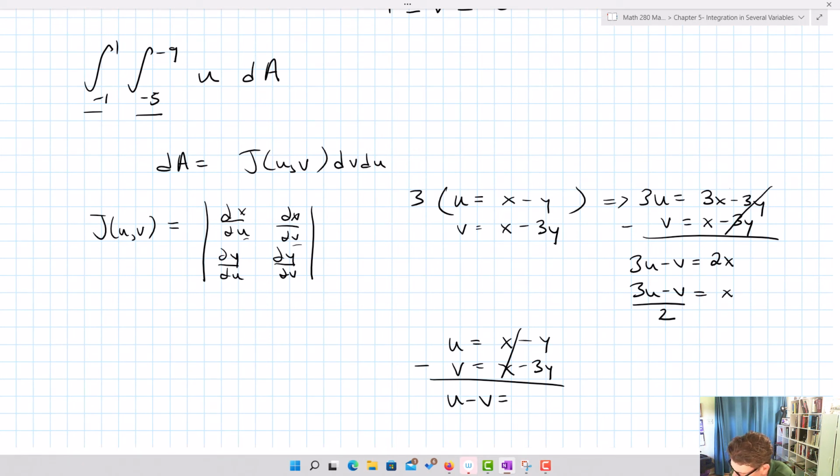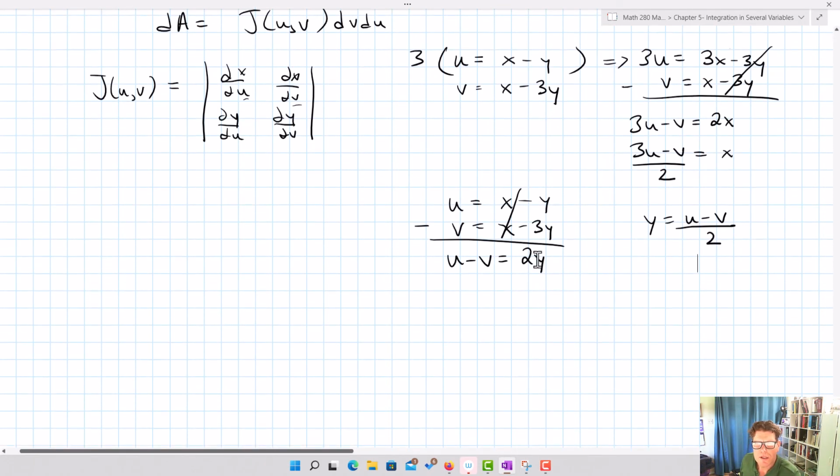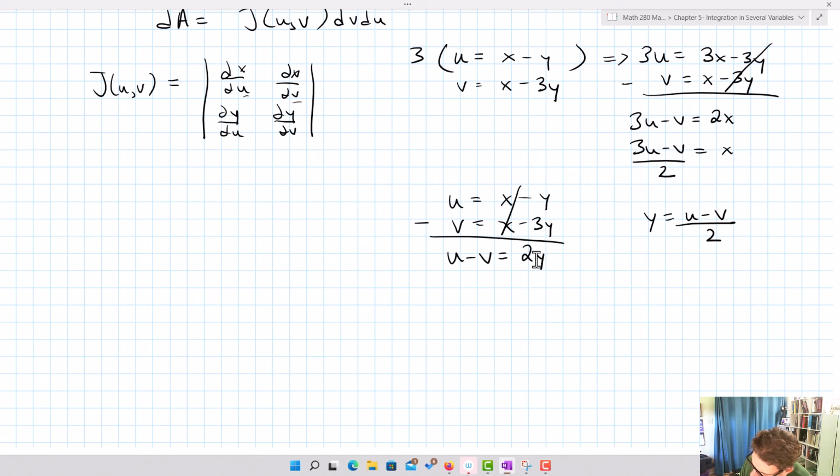So y equals (u minus v) over 2. Basically we solve a system of equations for each of the variables. So now I have x equals (3u minus v) over 2, and y equals (u minus v) over 2.